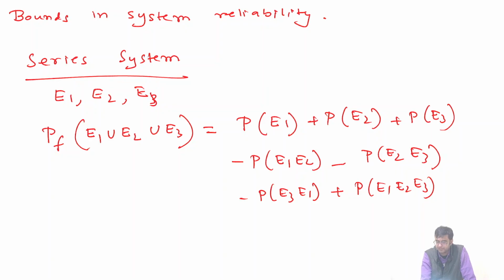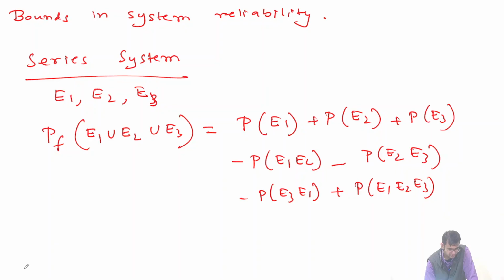Negative. Why? Obviously, E1 and E2 occurring together will always be more than E1, E2, E3 occurring together. At best they can be equal, right? So it will always be negative, zero or negative to be very honest. Zero when E1, E2, E3 do not have any intersection.